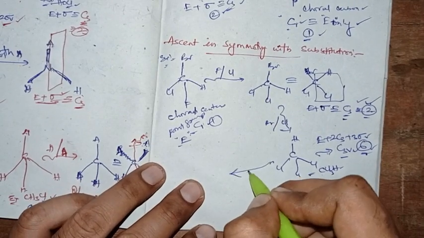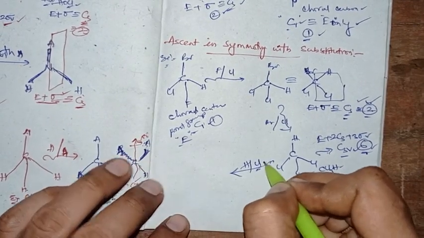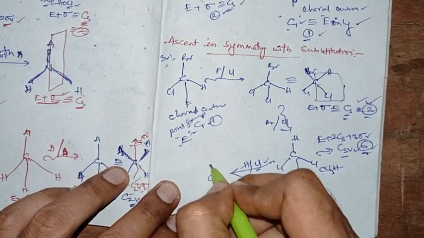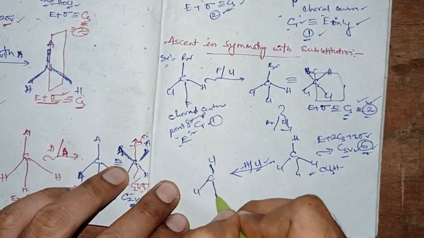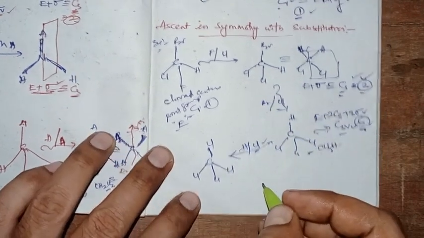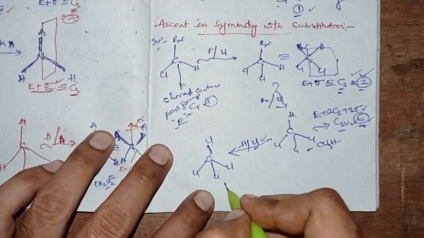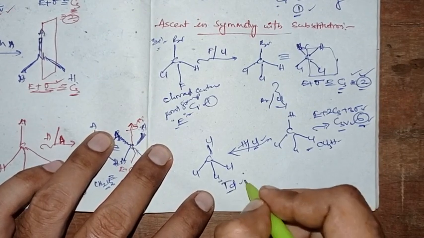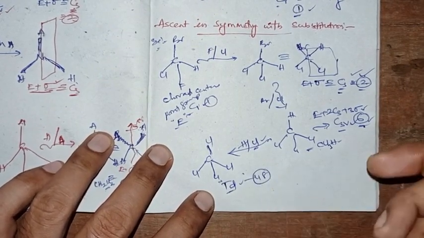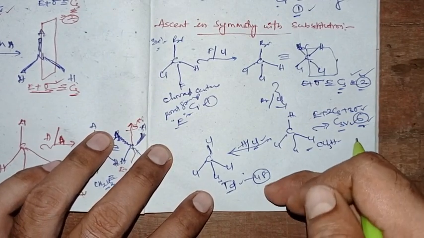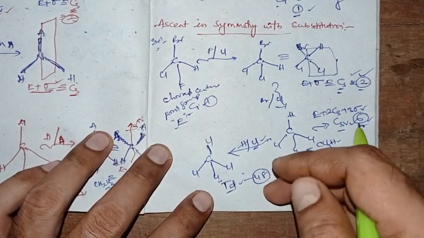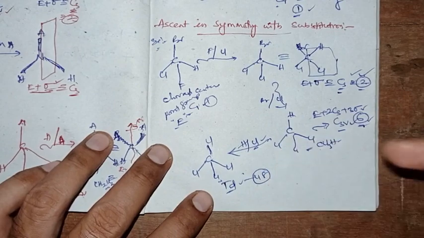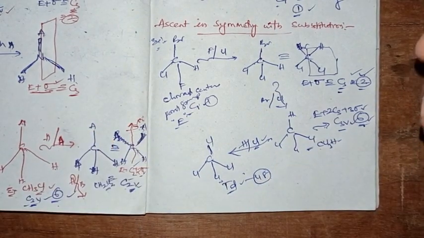And further, when we substitute hydrogen by another chlorine, it results in tetrachloromethane. This will be a tetrahedral point group, a high jump from 6 elements to 48 elements.